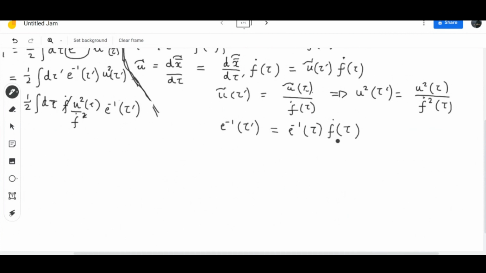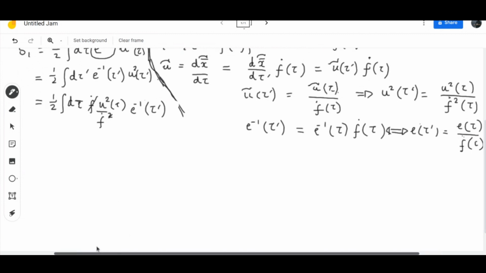So if we take this to be our transformation property for E, in particular E inverse, which is the same thing as saying that E, the reciprocal, E of tau prime is basically E of tau divided by f dot of tau. Okay, so if this is the transformation property, then this action is invariant.